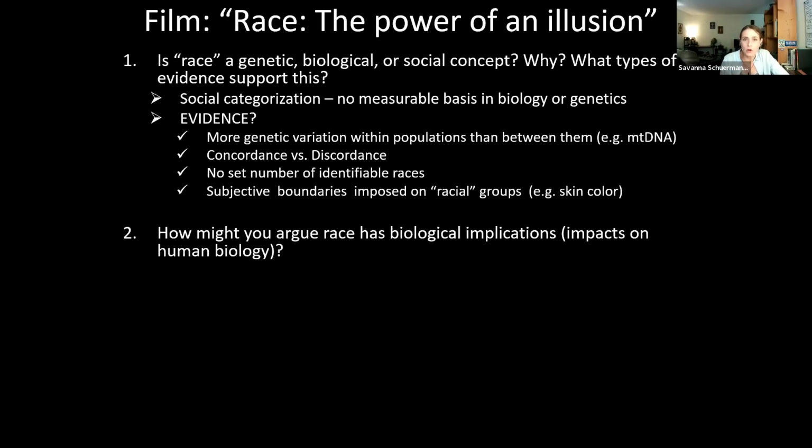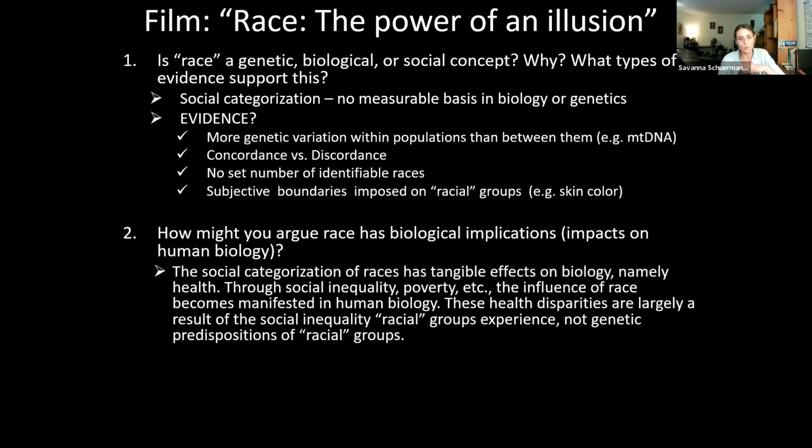But how might you argue that it still has impacts on health or biology, if you will? And so just from the slide, it's the social labeling that actually affects people's biology, especially health. Through the social inequality, poverty, lack of access to crucial resources, living in environments that are polluted with lots of toxins.